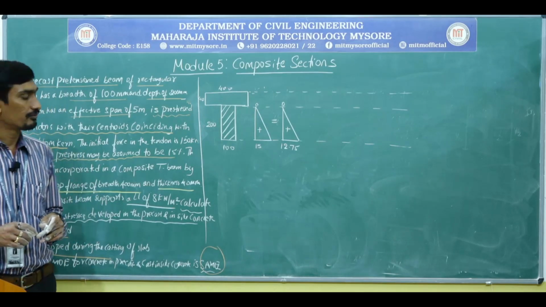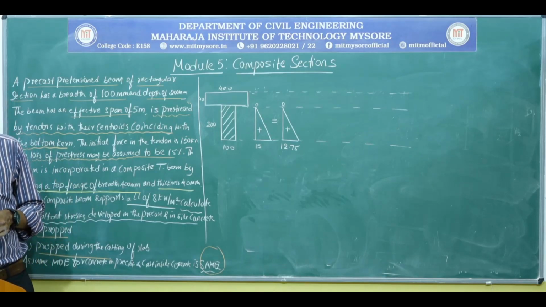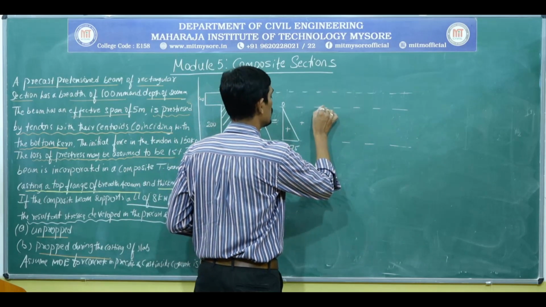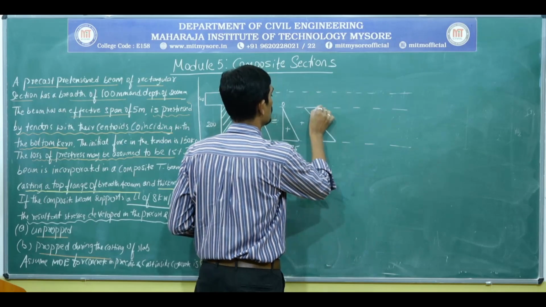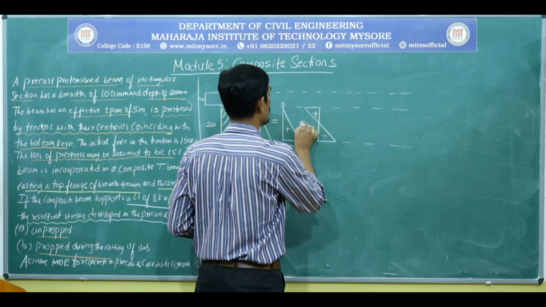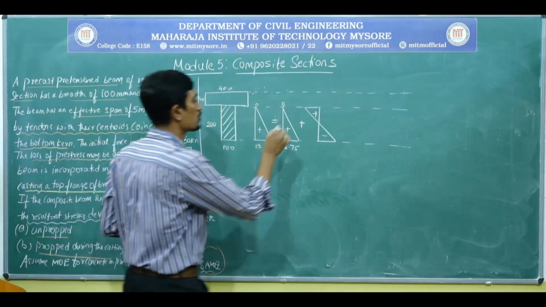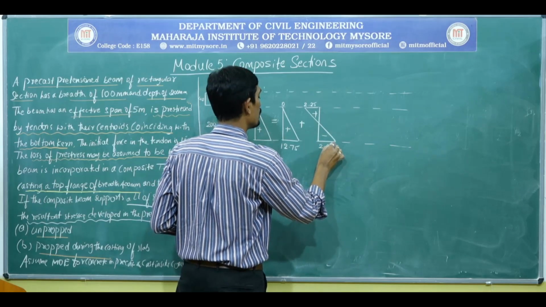The next thing is the stress due to the self-weight of the precast pretension. As I stated, it will be positive, negative. How much is the value? 2.25 at the top and 2.25 at the bottom.